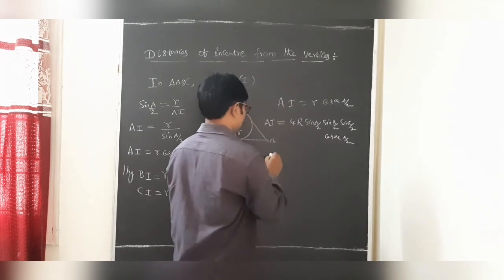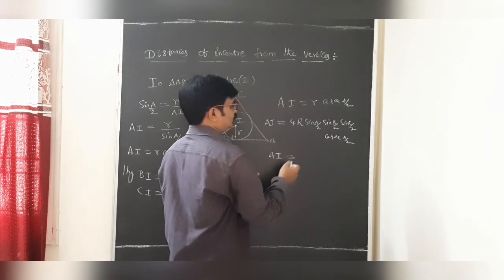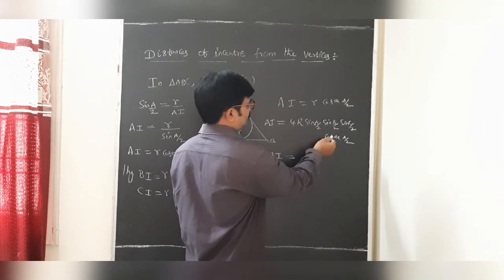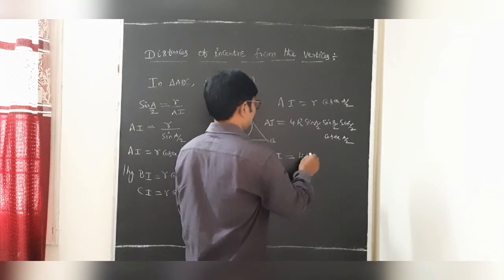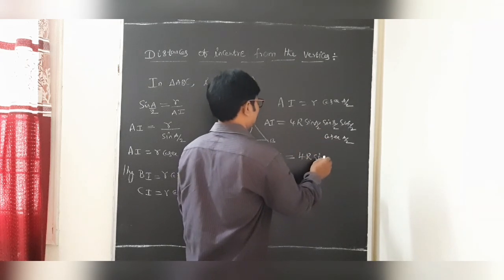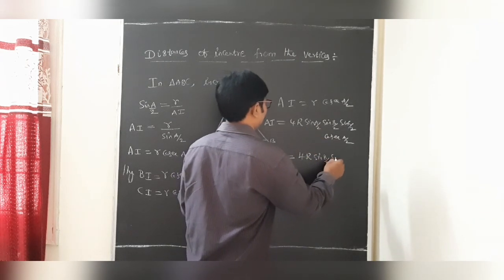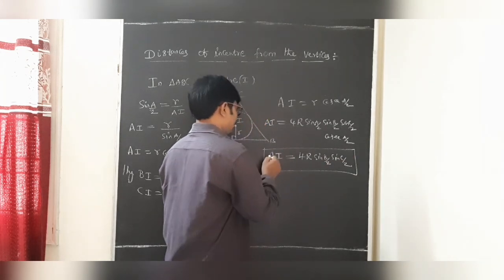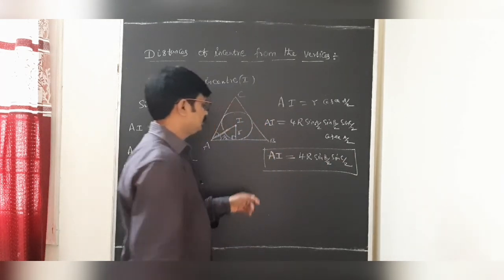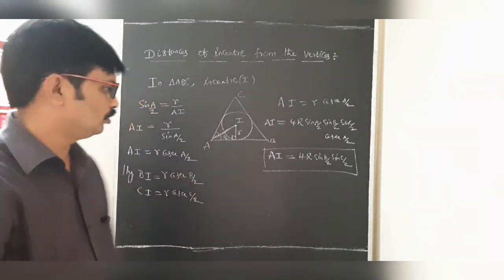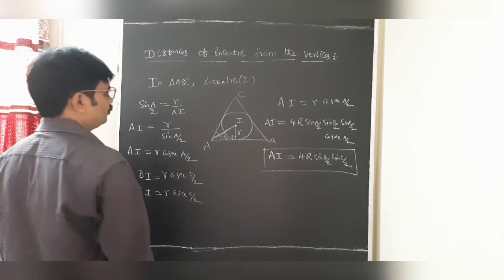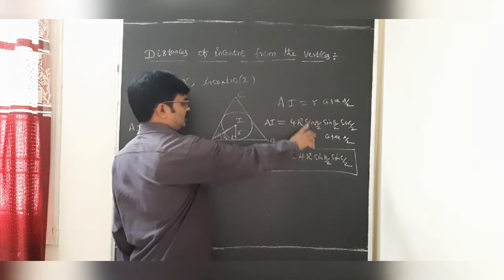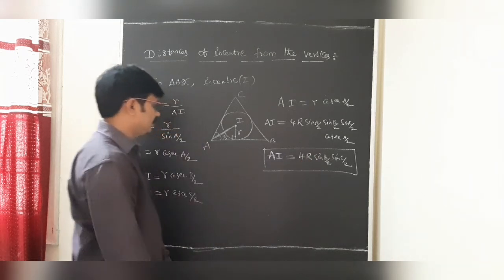The reciprocal of sine is the cosecant, so these two cancel. So AI equals 4R sine of B by 2 into sine C by 2.